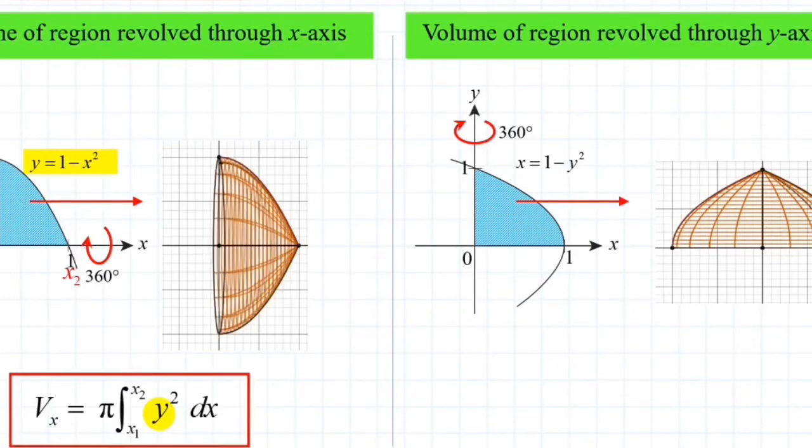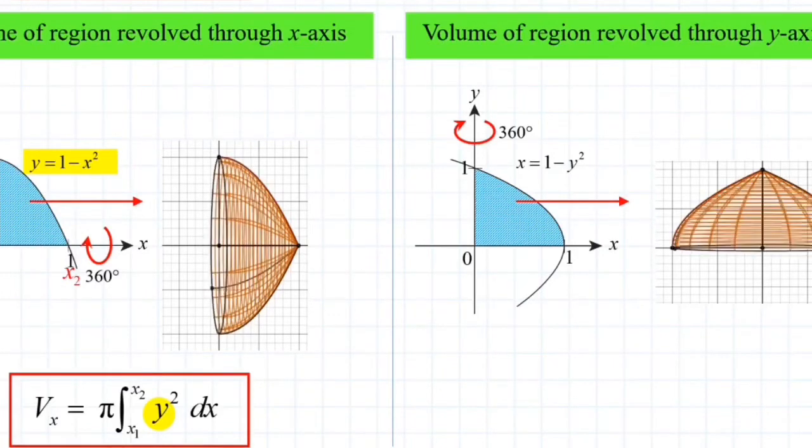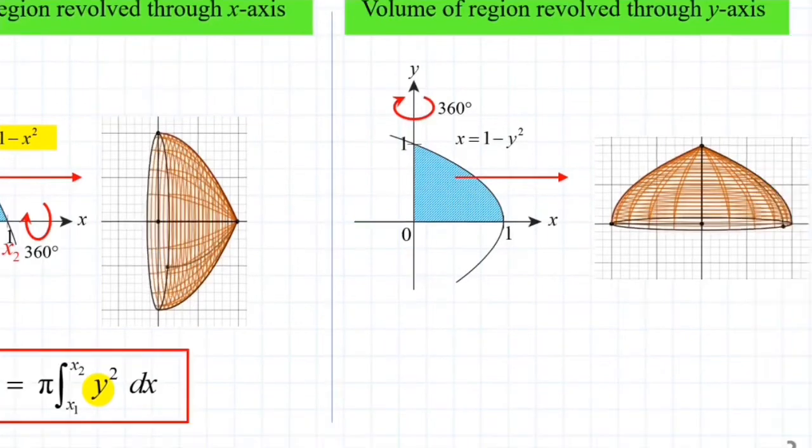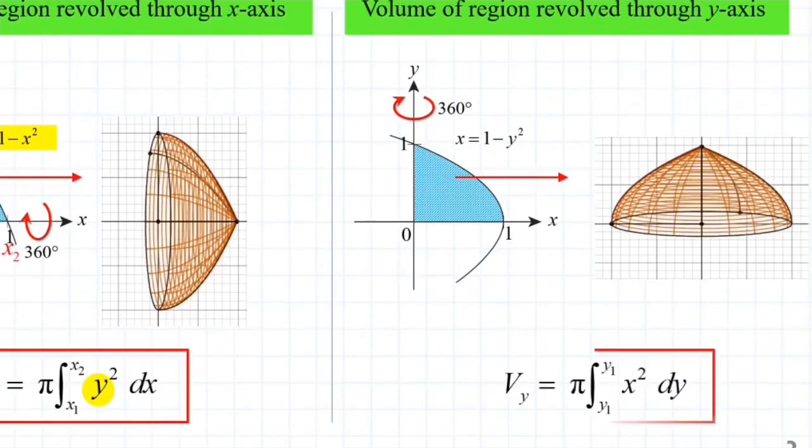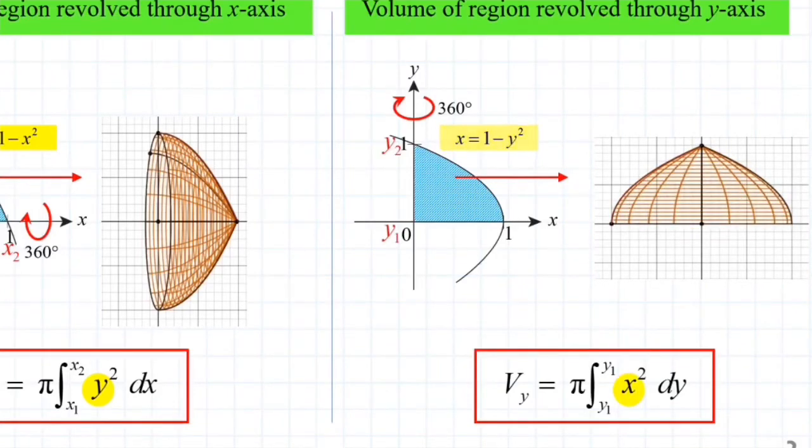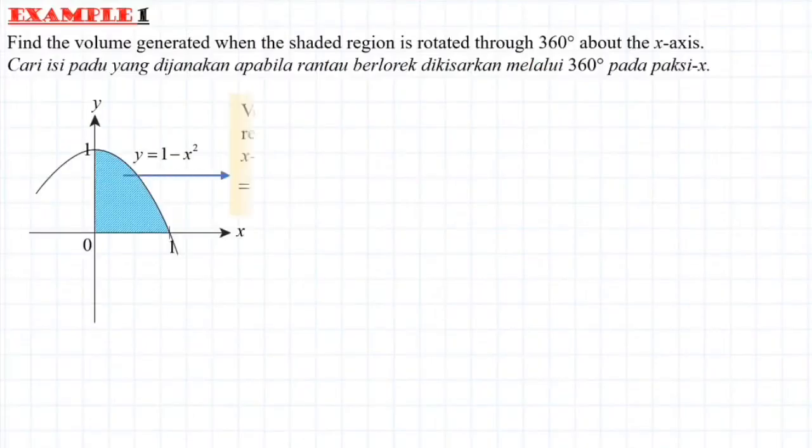So the shape is a bit different from just now. So the formula also be different. So the formula is v equal to pi, integrate from y1 to y2, x squared dy. So the volume generated depends on the x-axis and y-axis.